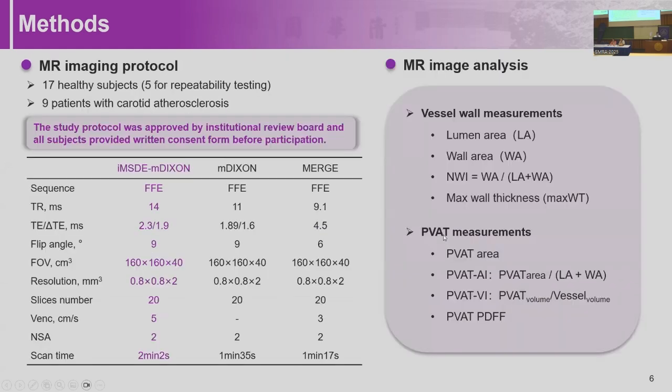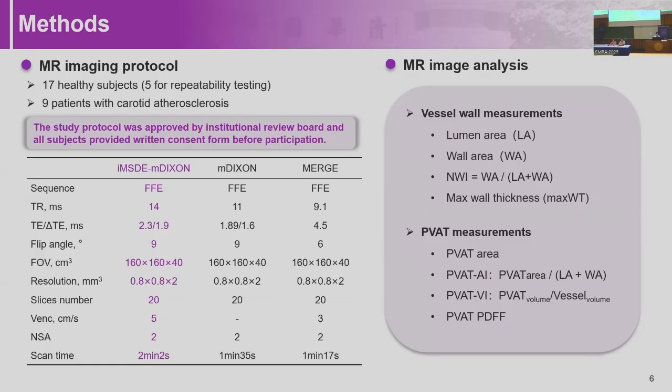In our study, 17 healthy subjects and 9 patients with carotid atherosclerosis were included, and 5 healthy subjects were selected for repeatability testing. All participants underwent carotid MR imaging, including the MSD Dixon sequence, MERGE sequence, and Dixon sequence, to test the reliability of our new sequence.